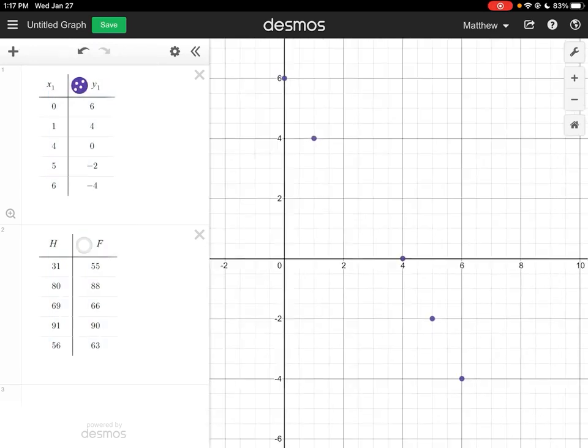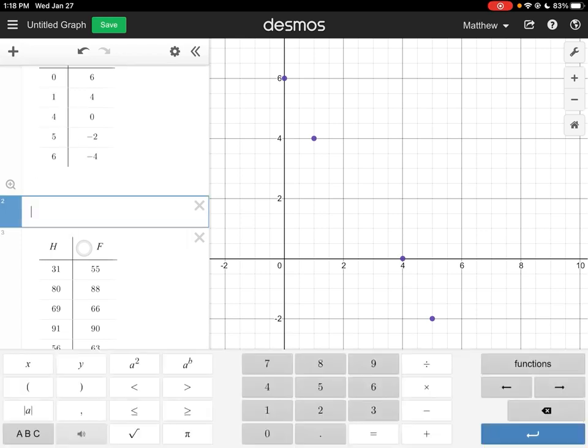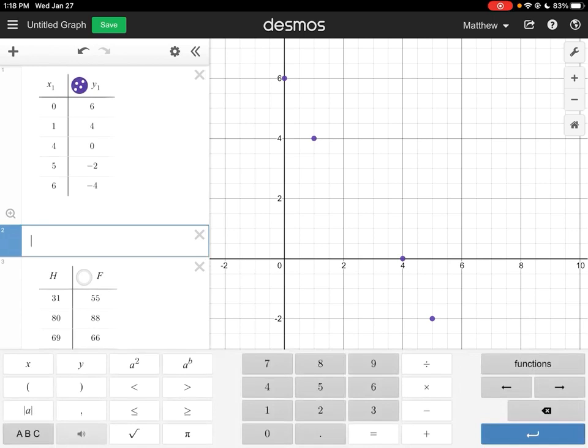To create a linear regression line, a line of best fit, enter a new expression, and the headers of the table are super important. We're going to type in just the general equation of a line, which is y equals mx plus b, with a few different tweaks. Instead of saying y and x, I'm going to use y1 and x1, so it knows which table to refer to. So I'm going to type in y and 1, and then it will make the one a subscript automatically.